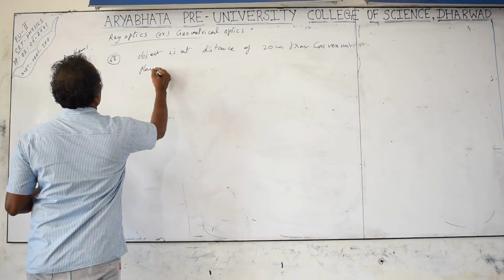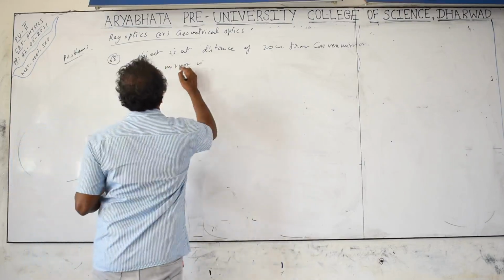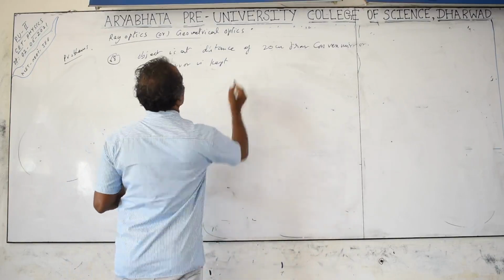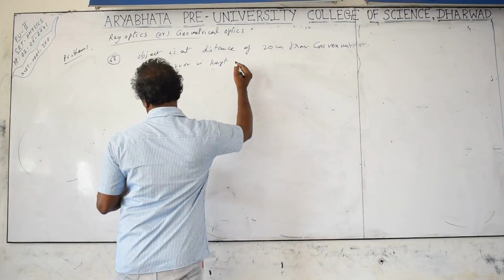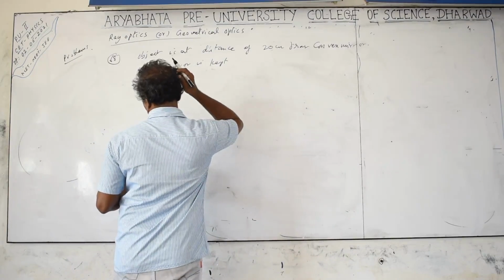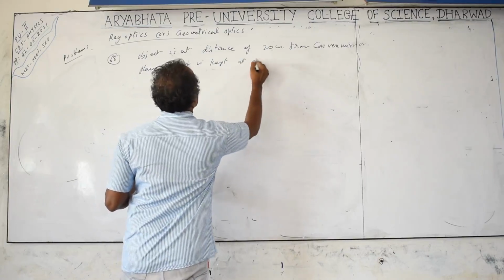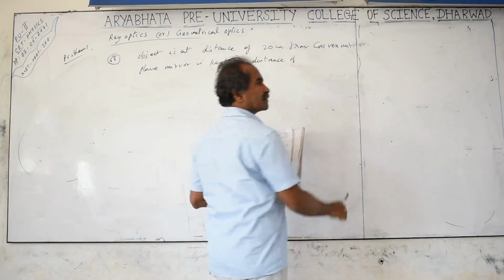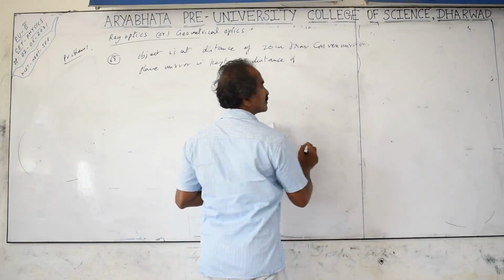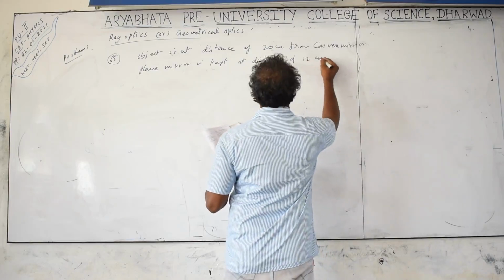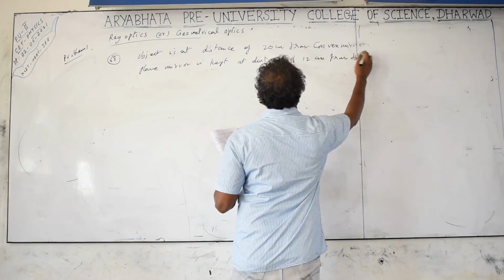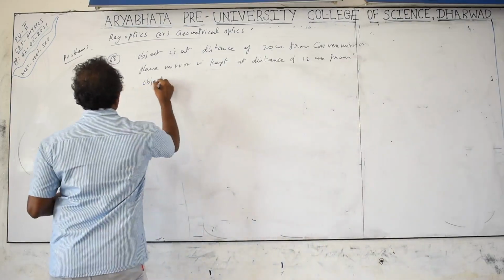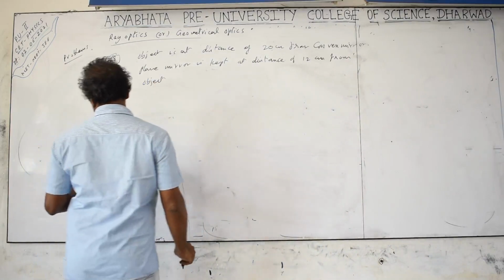The plane mirror is kept at a distance of 12 centimeters from the object, in front of the mirror.